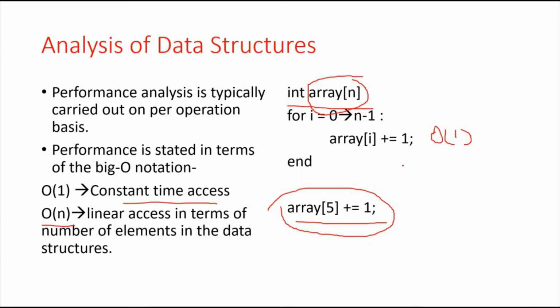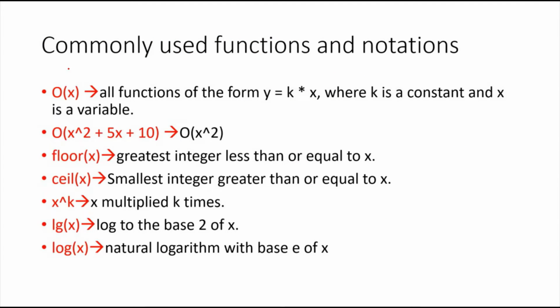Okay, here we have some commonly used functions and notations. We have big O of x, which is the same as big O of n. All the functions in the form of k into x. In the previous example, we had 1 plus 1 plus 1 plus 1, means we had n into 1.